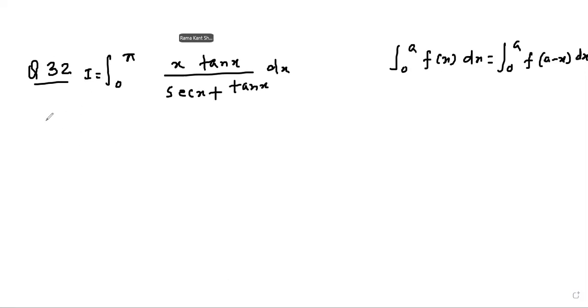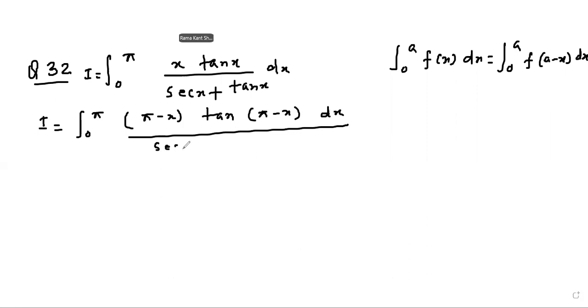Suppose this is I. So I equal to 0 to pi minus x tan pi minus x dx divided by sec pi minus x plus tan pi minus x. Tan pi minus x is minus tan x. Sec pi minus x is also minus sec x.